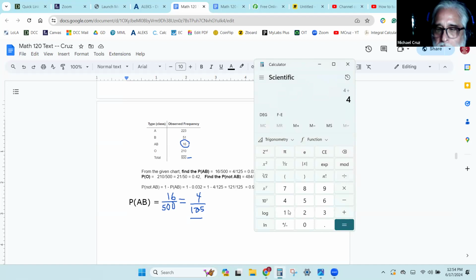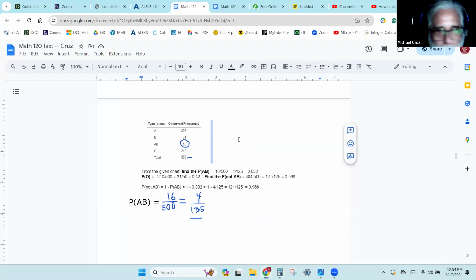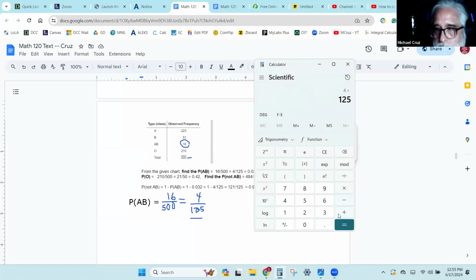For the decimal, 4 divided by 125 comes out to 0.32.